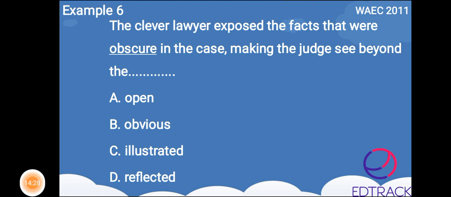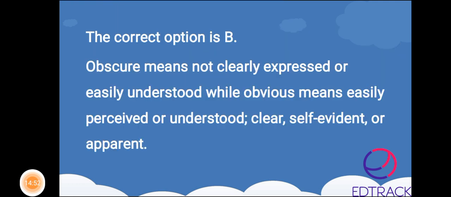It is not clearly stated. It is not clearly expressed. So you could not see it on the surface, while obvious means something very clear, something you could see very clearly. So option B is our correct answer. This particular question is taken from WAEC and NECO question for year 2011.